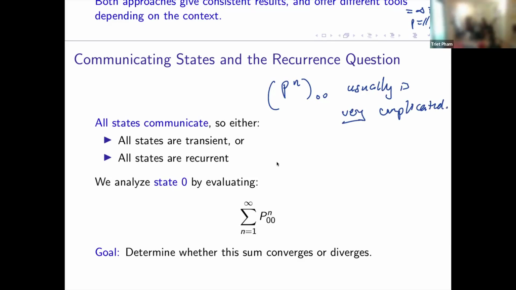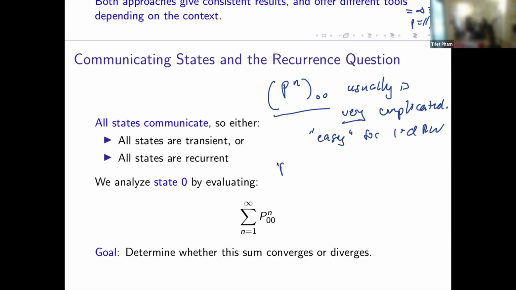Very simple. You have to raise a matrix to the n-th power. That's hard. But the random walk has a very simple structure: a state only goes to its two adjacent states. So from that point of view, we can actually write down P to the n at 0, 0 easily for the 1D random walk.